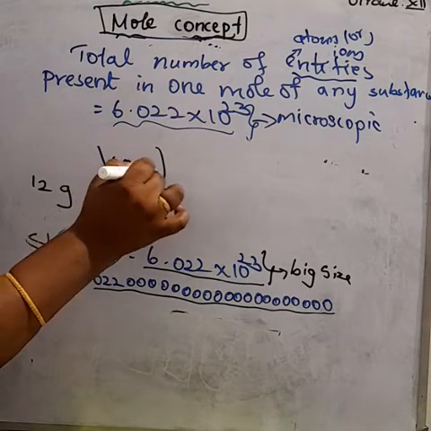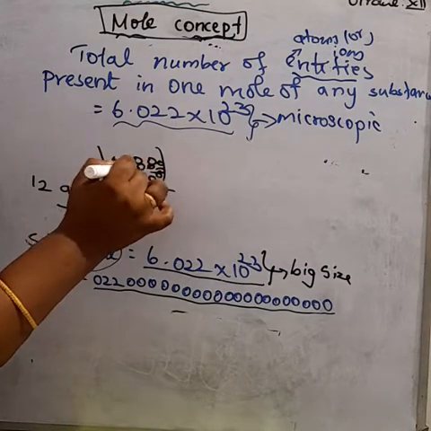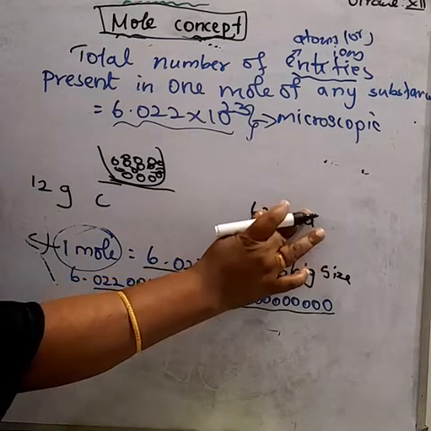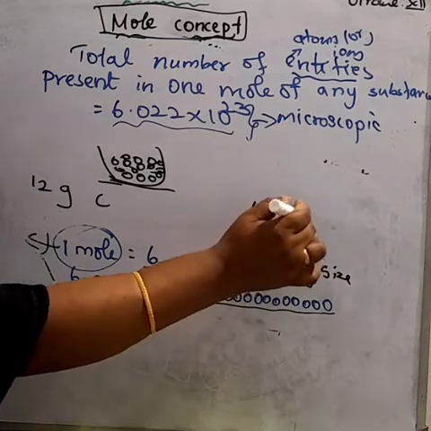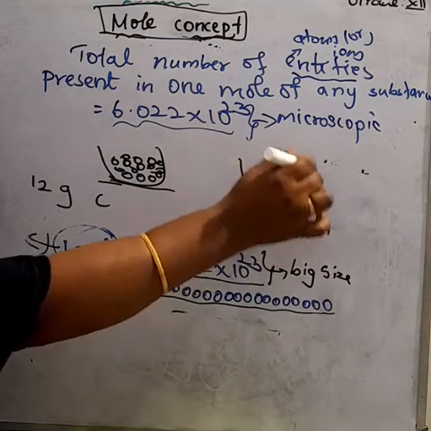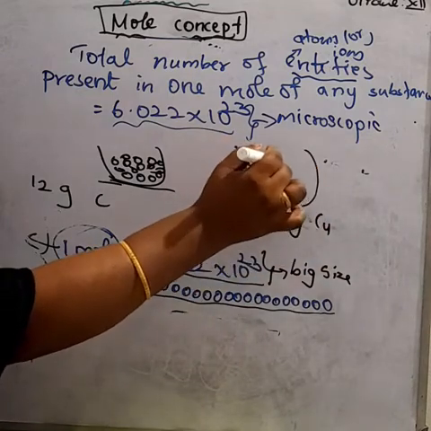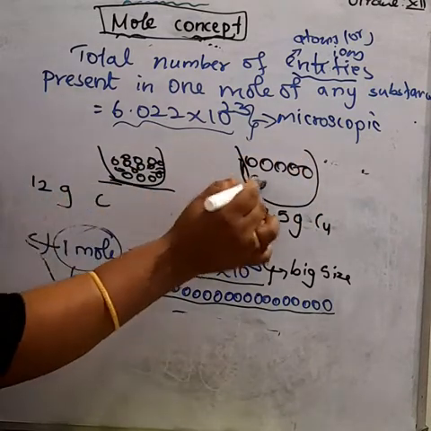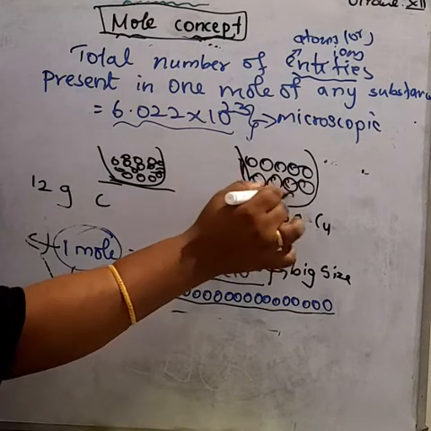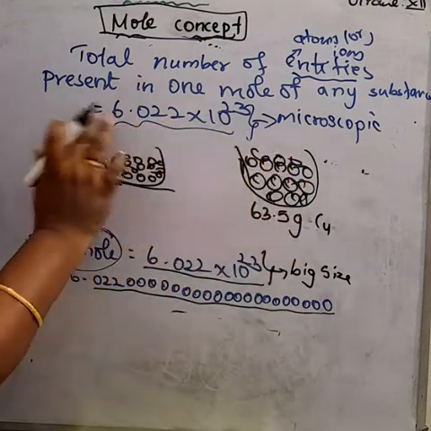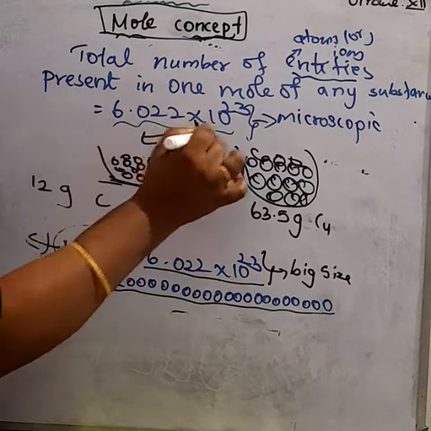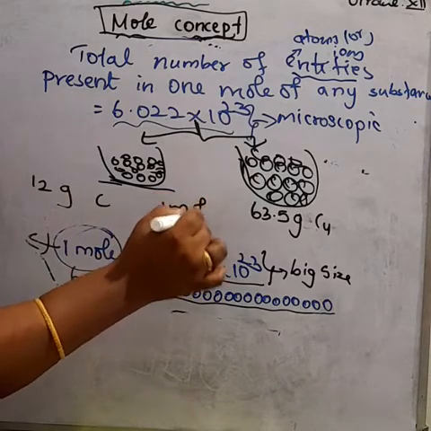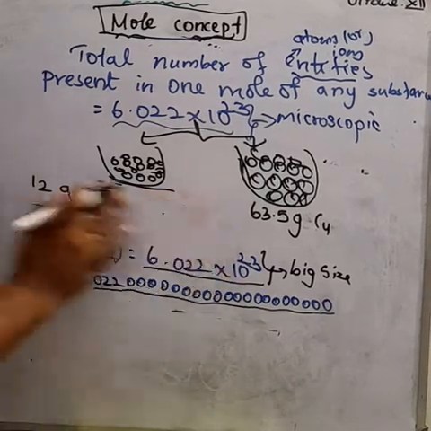The atomic mass of carbon 12 is 12. Here also we have copper, and the atomic mass of copper is 63.5. Okay, we write it in gram. When you write the atomic mass of carbon in gram, that is the gram atomic mass, 12 gram. Taking 12 gram of carbon 12 atoms is 1 mole. So this is 1 mole of carbon 12.